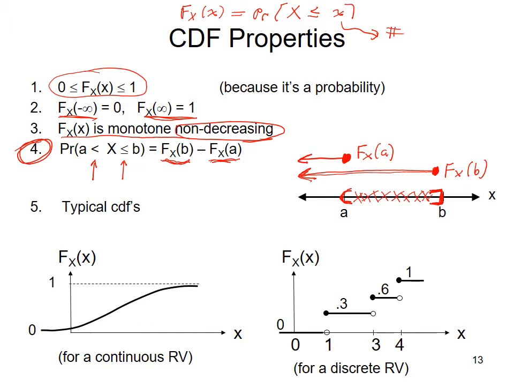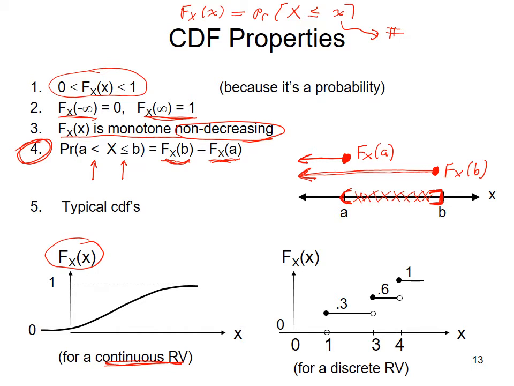The next picture is just a sketch of typical CDFs, typical cumulative distribution functions. This one is an example of what a cumulative distribution function looks like if we have a continuous random variable. A little bit later, we're going to define a random variable to be continuous if its CDF is a continuous function.